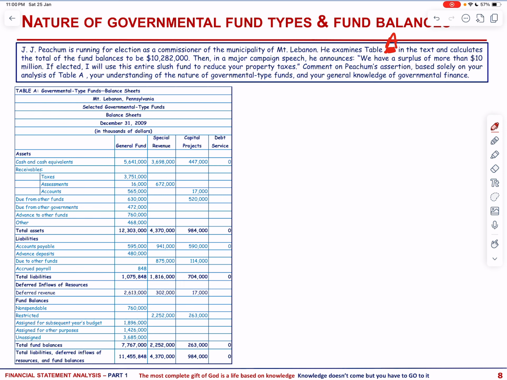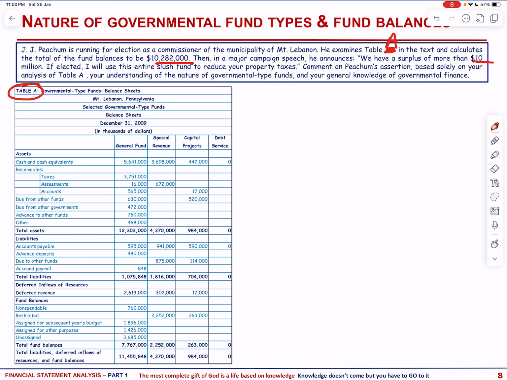He examines table A in the text and calculates the total of the fund balances to be 10,282,000. Then, in a major campaign speech, he announces we have a surplus of more than 10 million, and if elected, I will use this entire slush fund to reduce your property taxes. Now, comment on Peasham's assertion based solely on your analysis of table A.